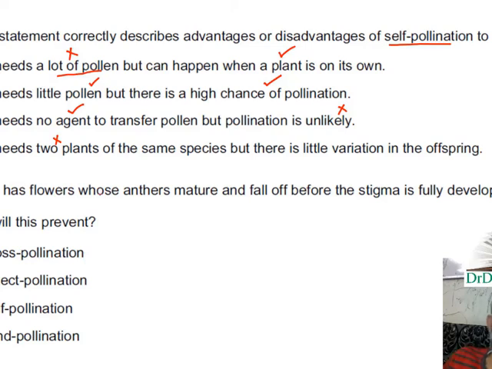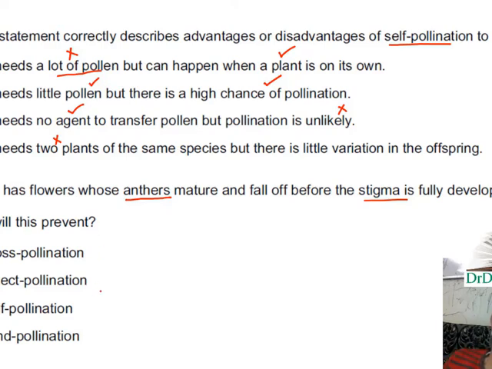A plant has flowers whose anthers mature and fall off before the stigma is fully developed. It's more likely that the male gametes will mature earlier and the female gametes will mature later, because before the stigma is fully developed, the anther will be developed. So what will this prevent?